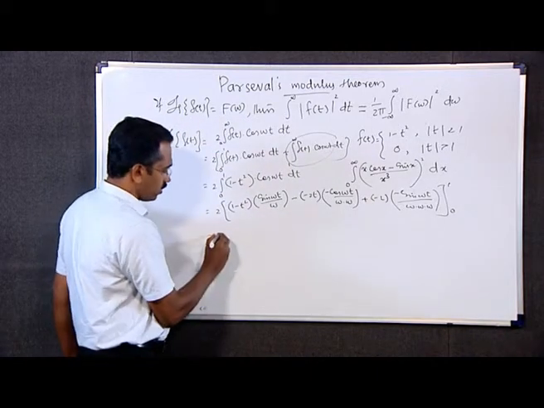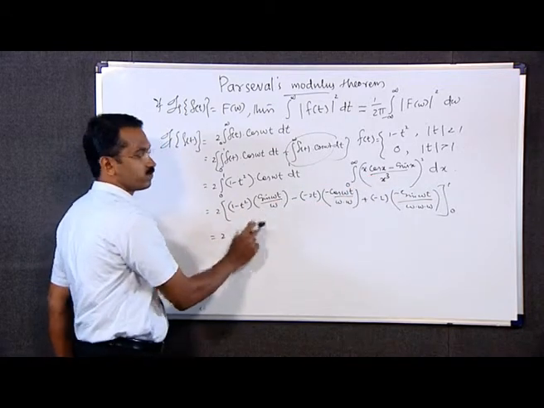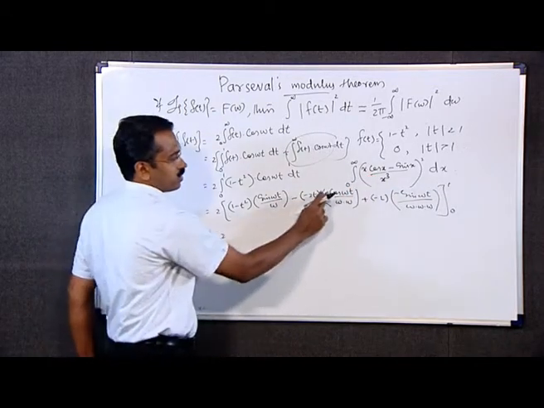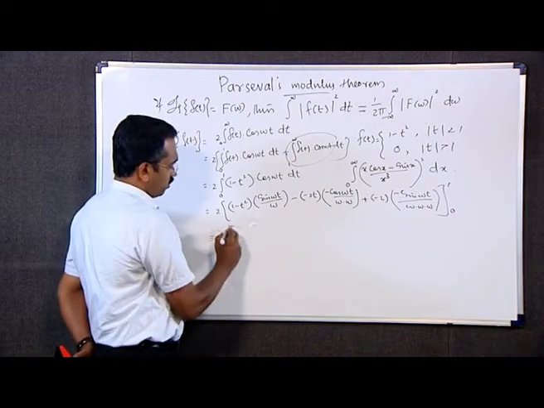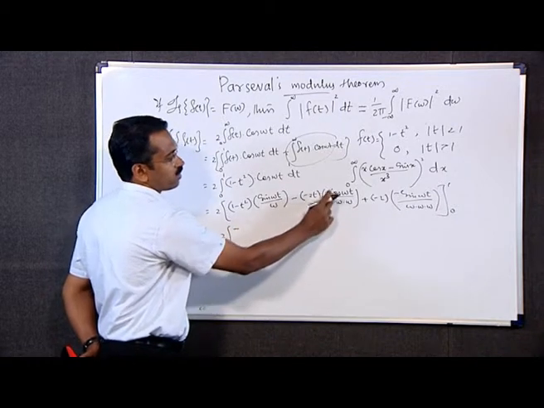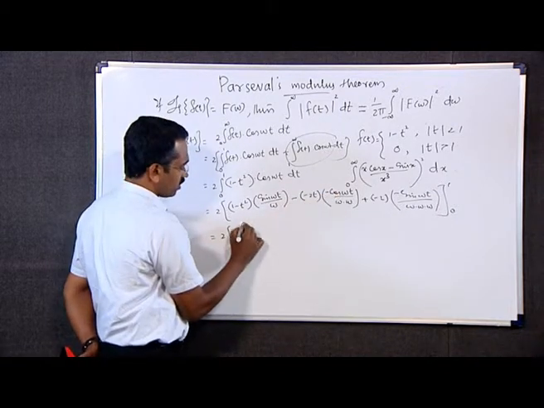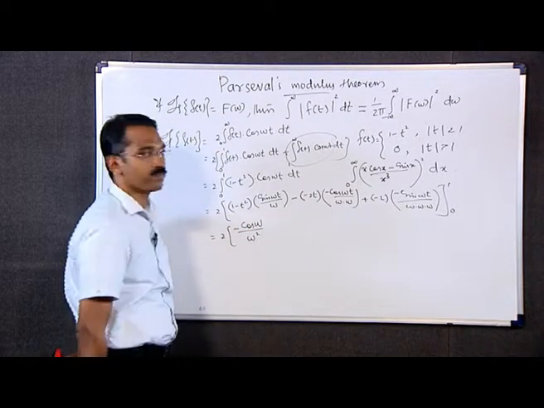That is equal to 2 into, when t equal to 1, this term will become 0. Here there are 3 negatives, therefore this is minus, t is 1, cos ω into 1 means cos ω divided by ω square.